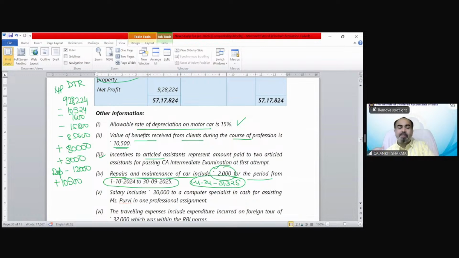That is kind of a prepaid expenditure. But there was a point in which it was saying that she maintains books of account on cash system of accounting. So whatever you pay, even for the future, that is going to be considered as expenditure of the current year. So nothing to do with this information, that is completely allowed.